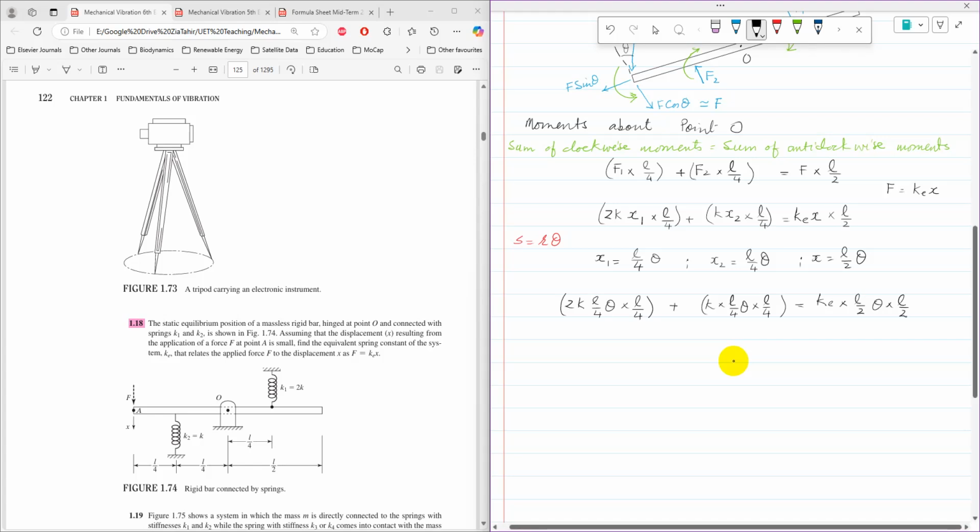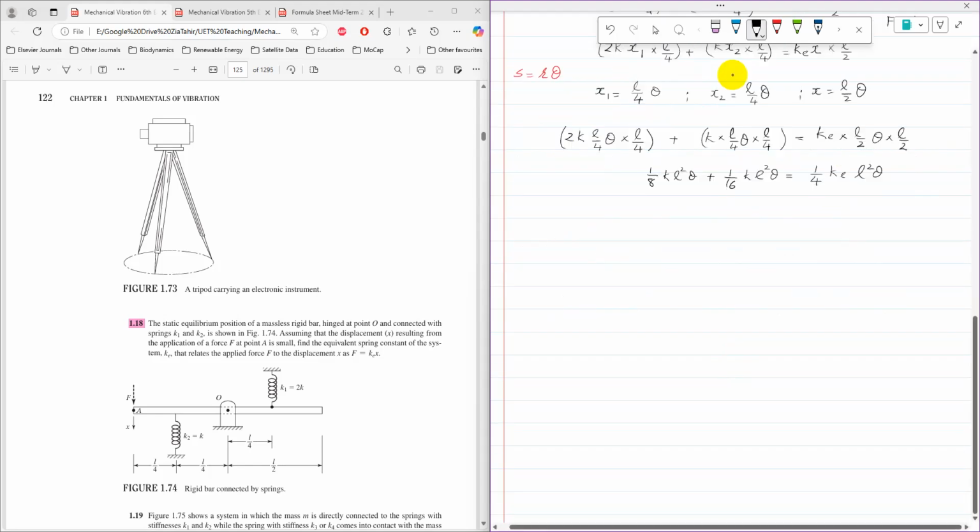Then it can be simplified further, because the first term has L square theta common, the second term has L square and theta common, and the third term has L square and theta common. So we can take some terms common from here. After simplifying, it will become a quarter K L square theta plus 1 over 16 K L square theta, and then a quarter Ke L square theta. So that is 1 over 8.